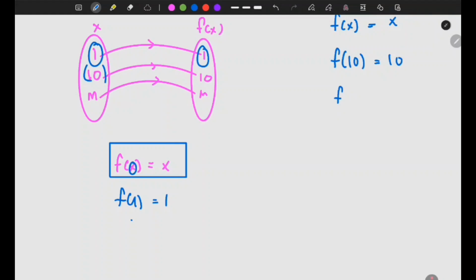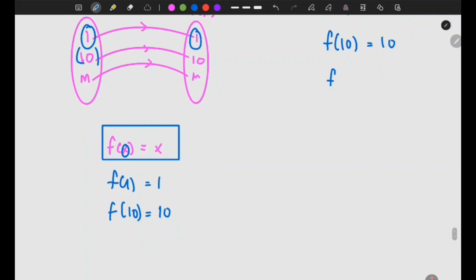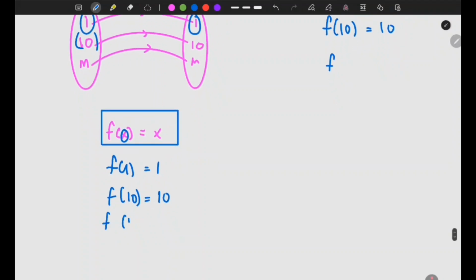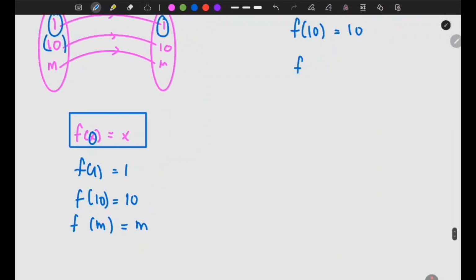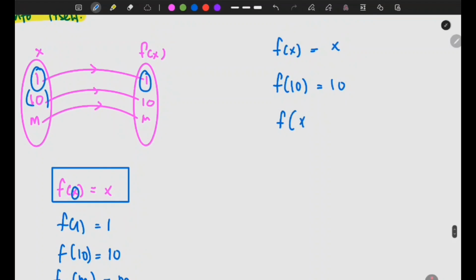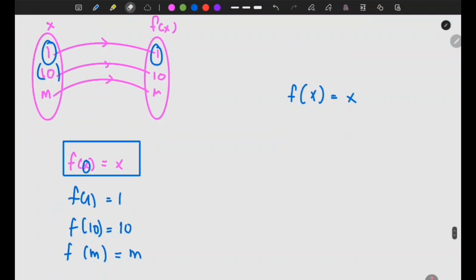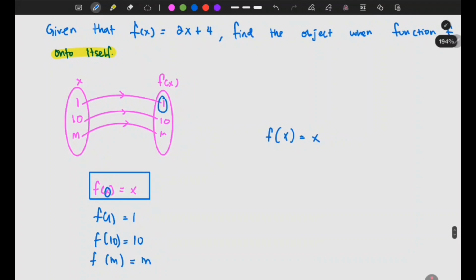When my x is 10, my f(x) will be 10. When my x is m, my f(x) is m. So when the x is x, here will be x, because they map onto itself. No matter what, it will be the same.